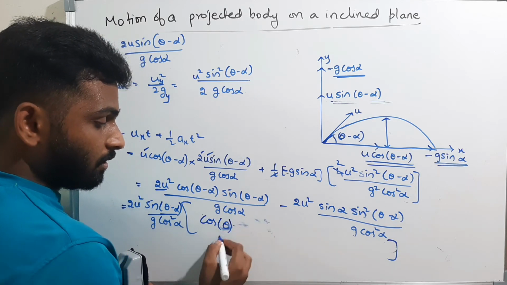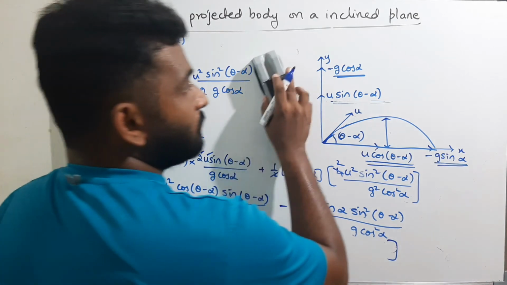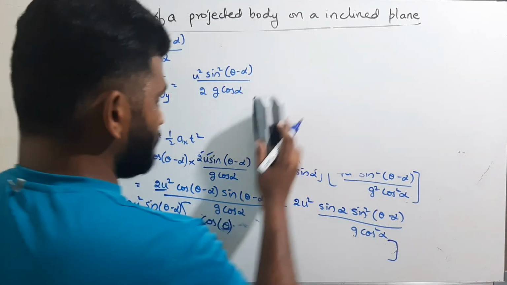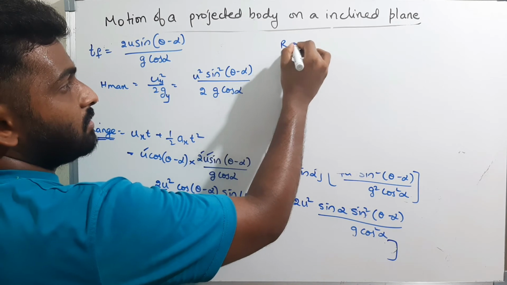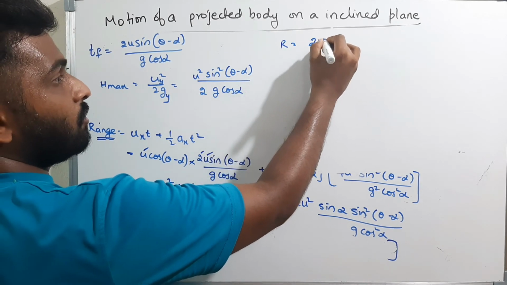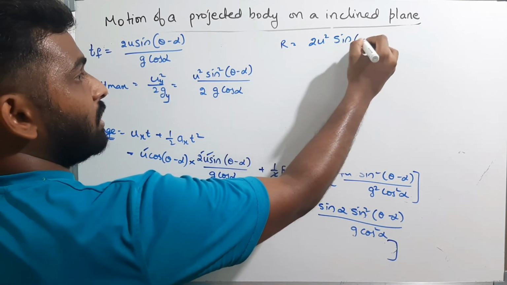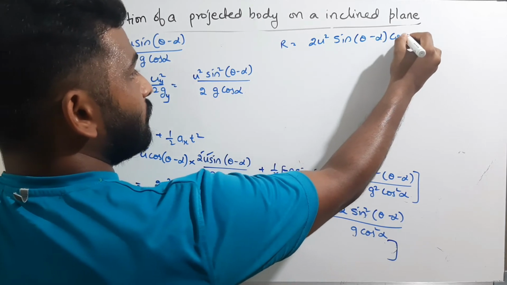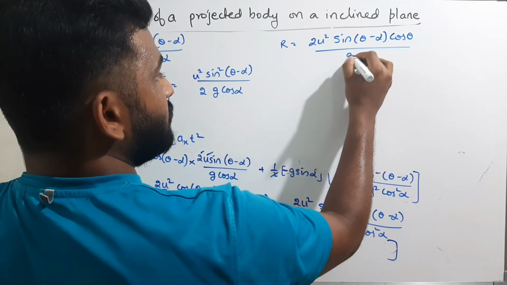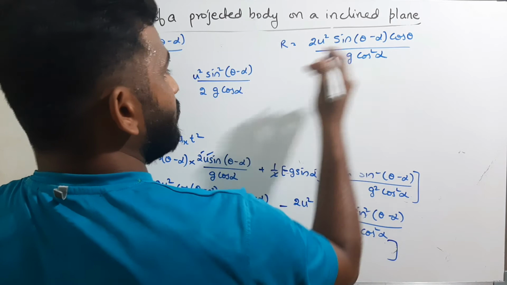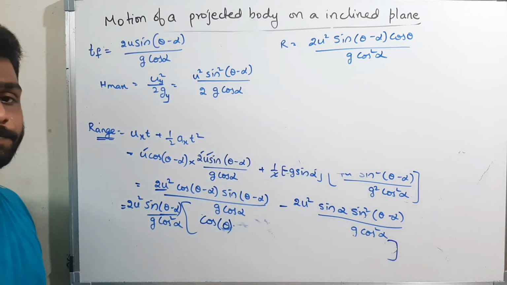What remains is cos theta. Therefore, finally, the range is 2u square sin(theta minus alpha) cos theta by g cos square alpha. That is the range formula.